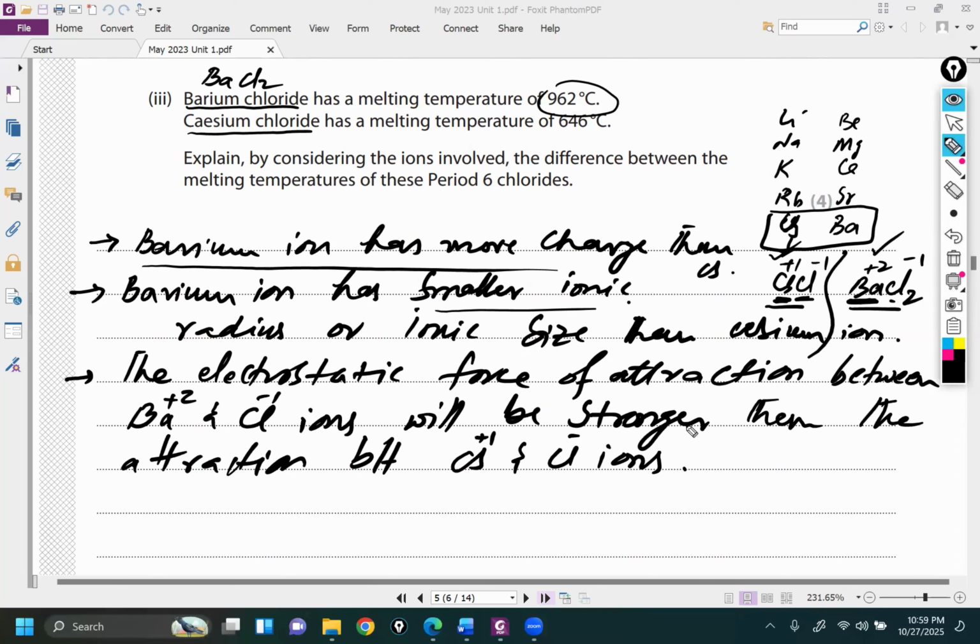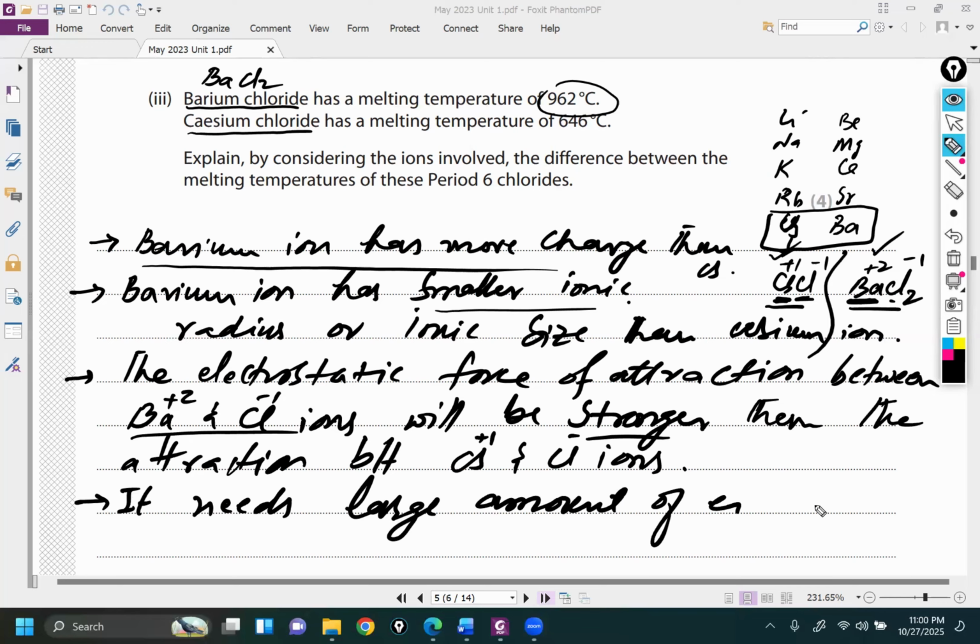So as the attraction between barium and chloride is stronger, it needs, the fourth mark, a large amount of energy to break the bond. And that's why its melting point is greater than cesium chloride.